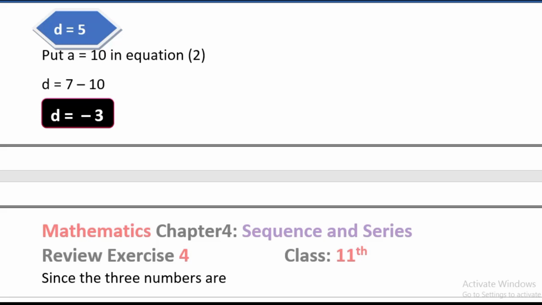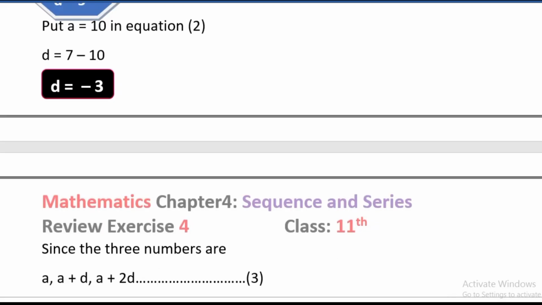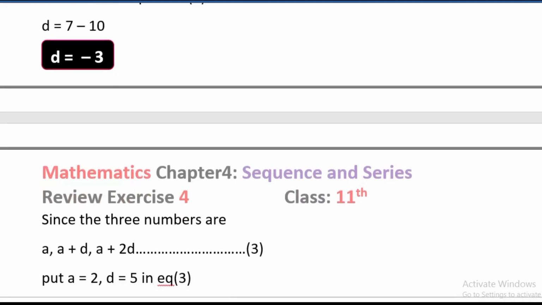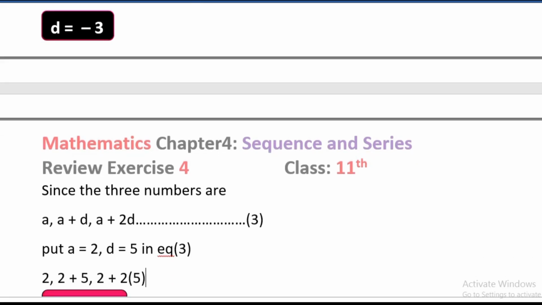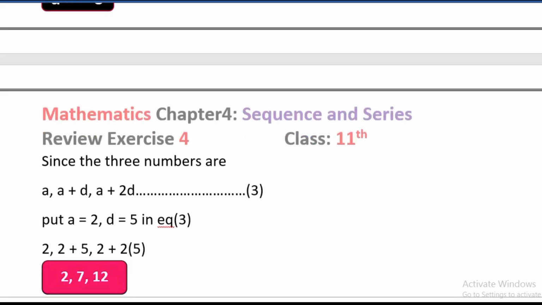Since the three numbers are given as a, a plus d, a plus 2d, by putting the values of a is equal to 2, d is equal to 5, the first number is 2, the second number is 2 plus 5, 7, the third number is 2 plus 2 into 5, 10, 10 plus 2 is 12, so the numbers are 2, 7, 12.